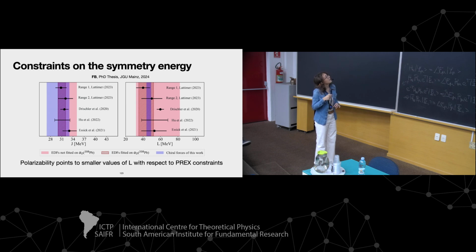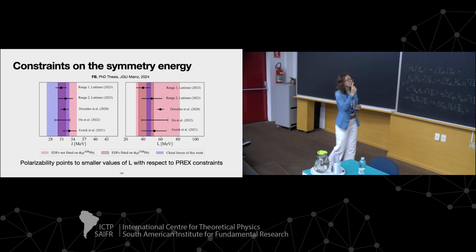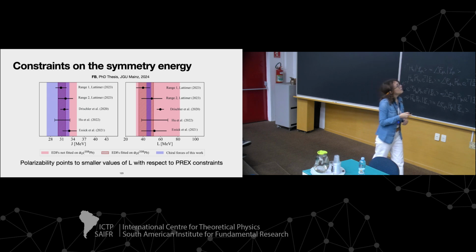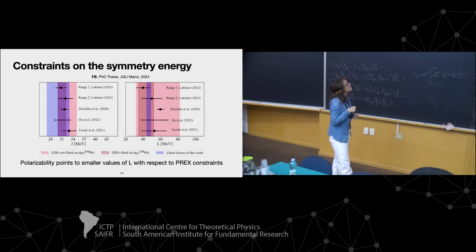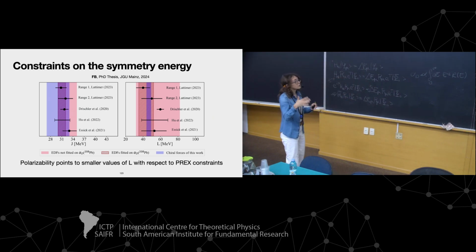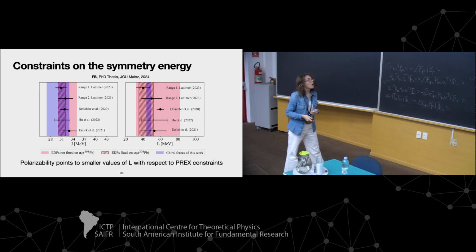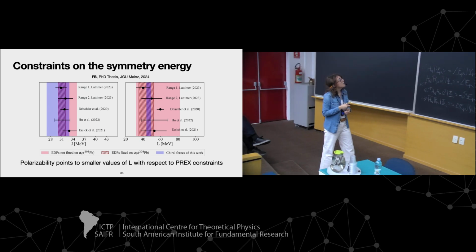Drischler et al. is a nuclear matter calculation employing one interaction, but with a very precise Bayesian uncertainty quantification related to the truncation of chiral EFT. Hu et al. is the work that I showed before for lead-208.